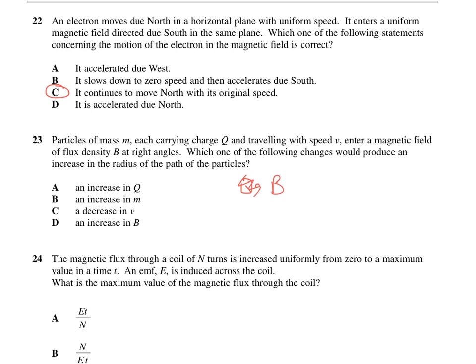So the centripetal force would be BQV, which we know would be equal to mv squared over r. So we can cancel one of those v's. So we know rBQ is mv. So if we want to increase the radius, we need to either increase one of these two or decrease one of these two.